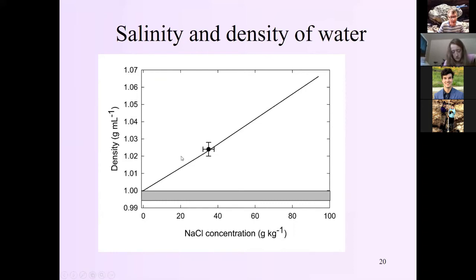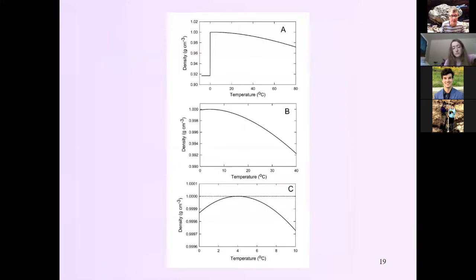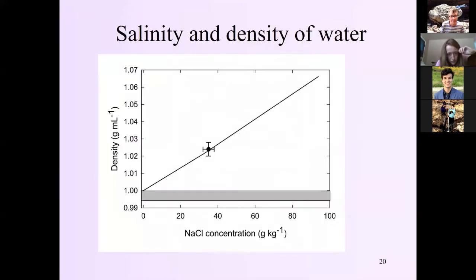So if we go back to this graph, think about 0.01 difference in density. These differences up to 40 degrees are in the 0.001, so 10-fold less. So if you have saline water, you can basically stratify a system and go against these temperature effects. So that'll become important too when we talk about saline lakes.